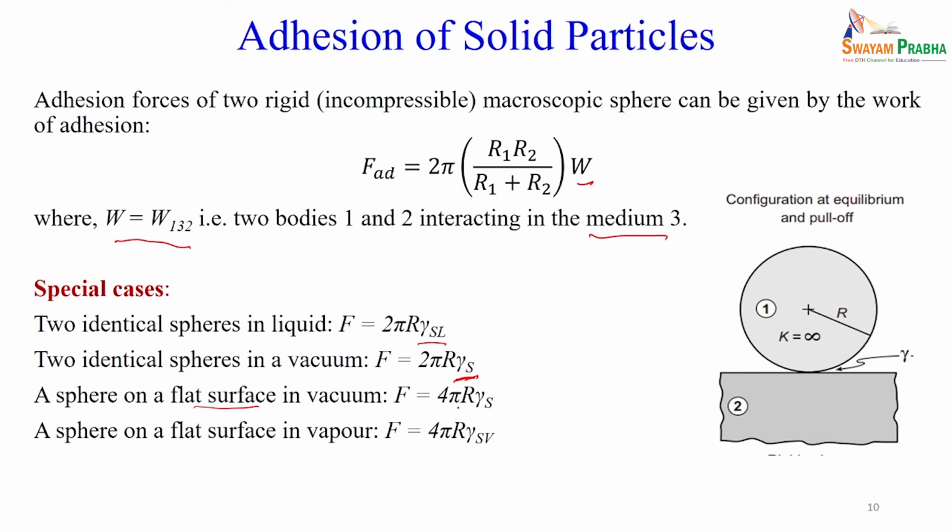So it will be 4 pi r gamma solid vapor, or you can say the surface tension of solid and vapor in the vacuum.